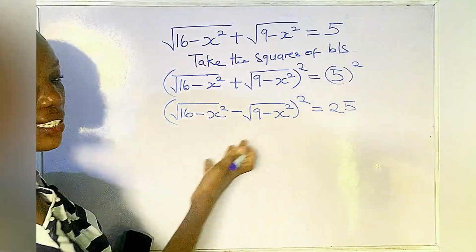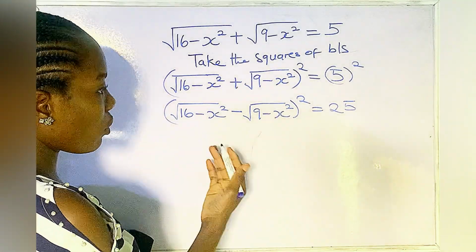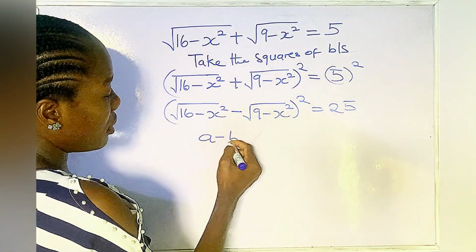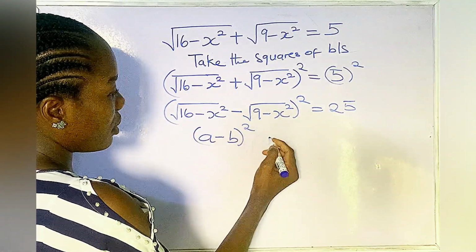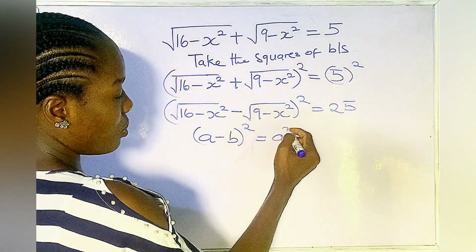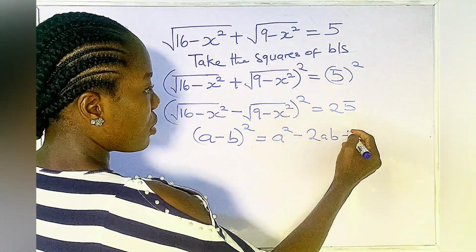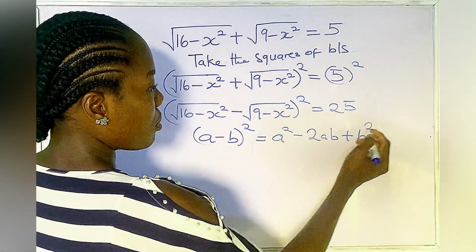So let's liken this equation to when you have (a minus b) squared, and that will give us a squared minus 2ab plus b squared.